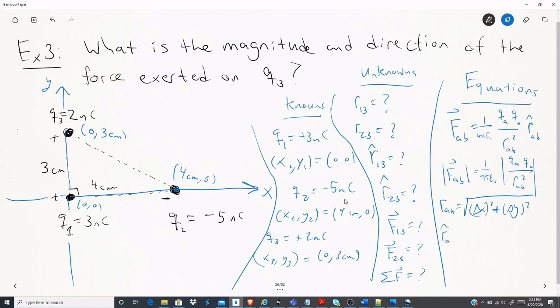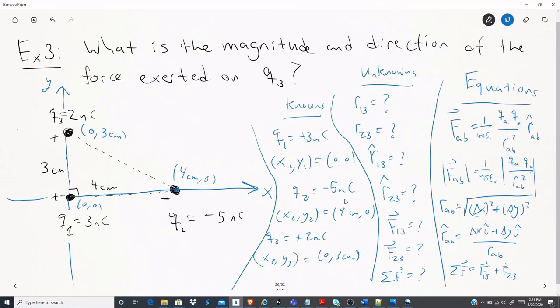R hat AB is going to be the difference in the x-coordinates times i hat plus the difference in the y-coordinates times j hat, all divided by RAB. And the net force is going to be the force that charge 1 exerts on charge 3 plus the force that charge 2 exerts on charge 3.